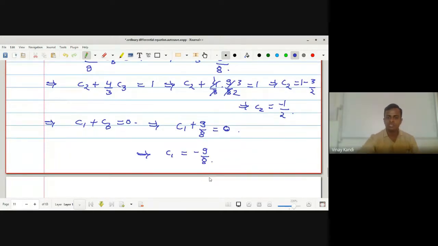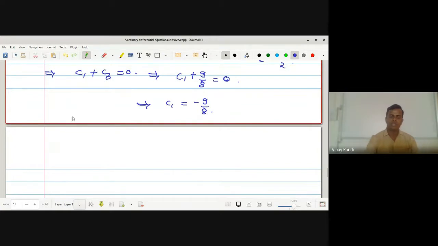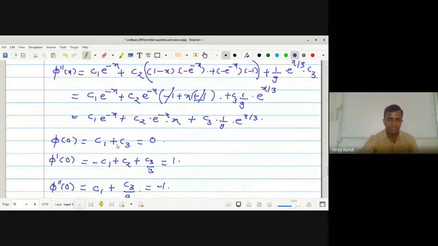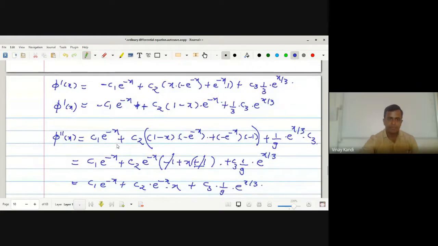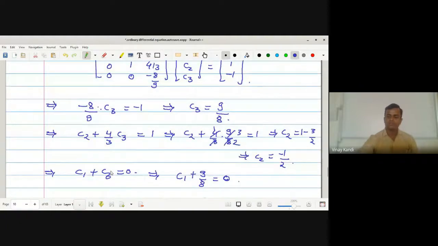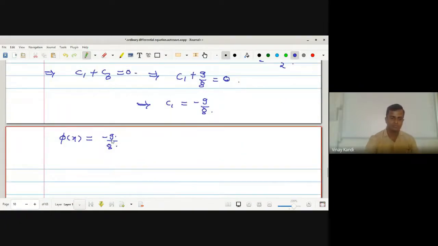Now put this c1, c2 and c3 in phi of x. Phi of x is equal to, what is the c1, -9/8 इंटू फाय वन ऑफ एक्स. काय फाय वन ऑफ एक्स तुमचा, e raised to minus x. Plus c2. c2 किती आहे?